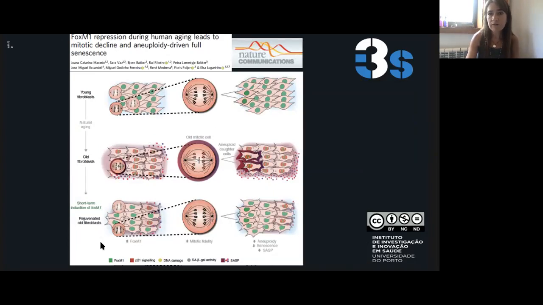By reinstating FOXM1 transcriptional activity in the elderly cells, we could ameliorate the cell-autonomous and also the cell non-autonomous feedback effects between mitotic fidelity and senescence, suggesting that this mechanism actually evolved as a positive feedback loop between cellular aging and aneuploidy.